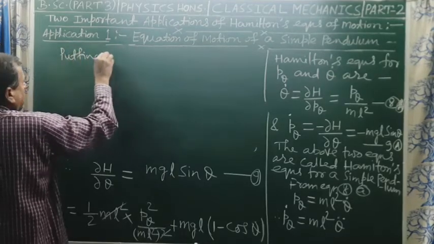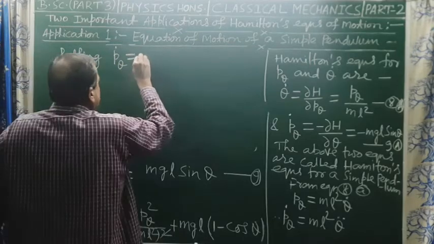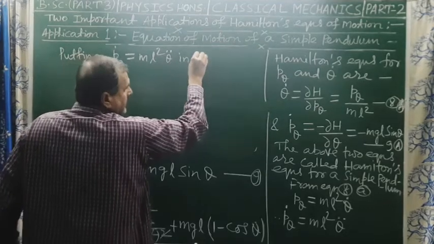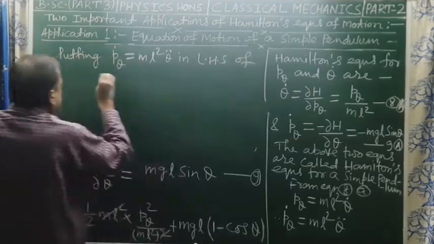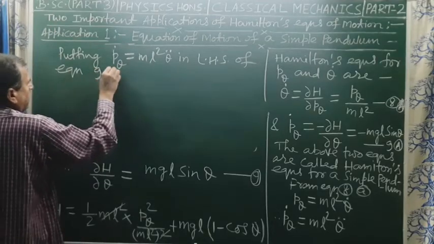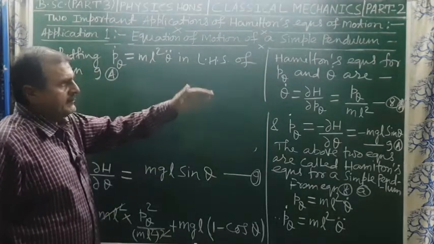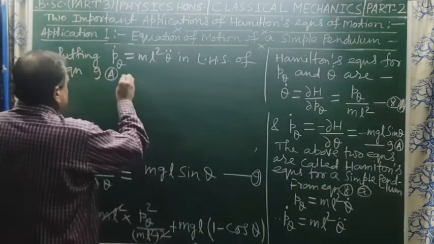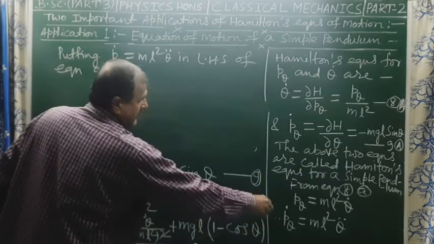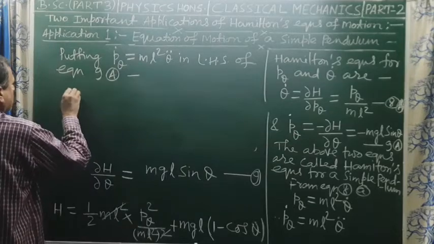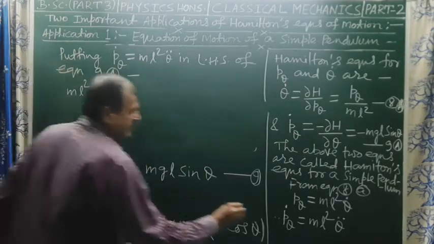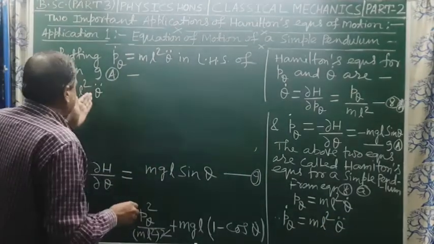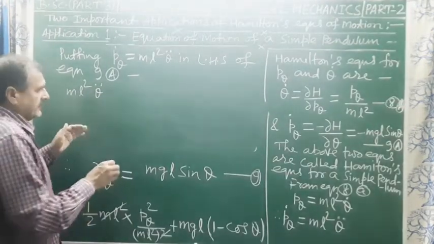After putting p theta dot equals ml square theta double dot in the LHS of equation 9a, which is one of Hamilton's equations of motion for a simple pendulum, we get ml square theta double dot, that is d square theta upon dt square, which is angular acceleration.